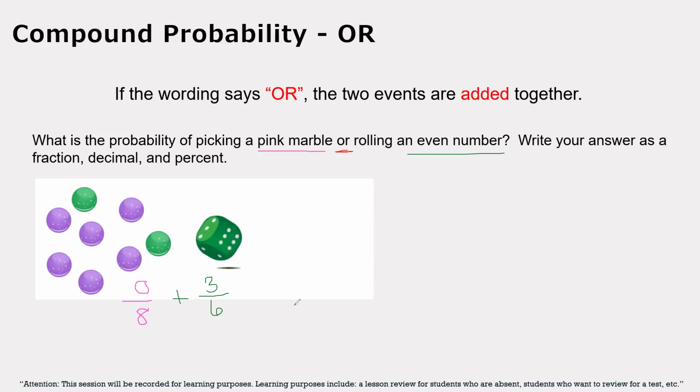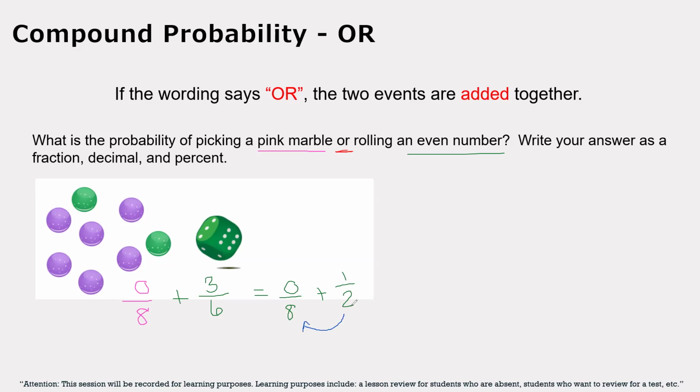Before I do that though, actually, I want to simplify my fraction because it's always easier when they're simplified to work with them. So I'm going to simplify this to make it 0/8 plus 1/2 because 3/6 can be simplified to be 1/2. Now that we've done this, our denominators need to be the same.